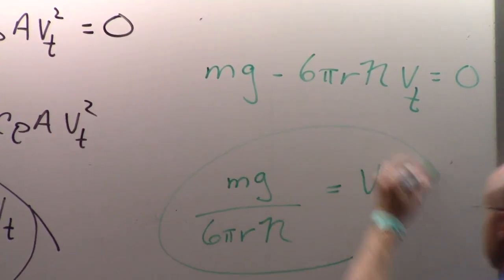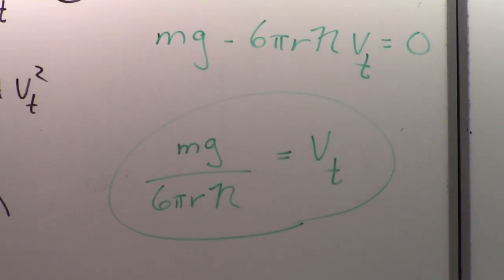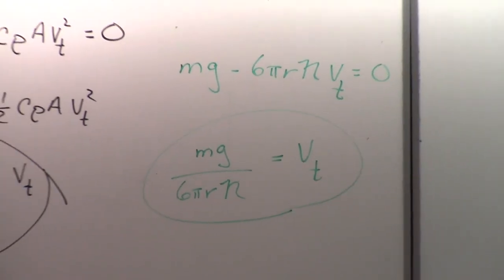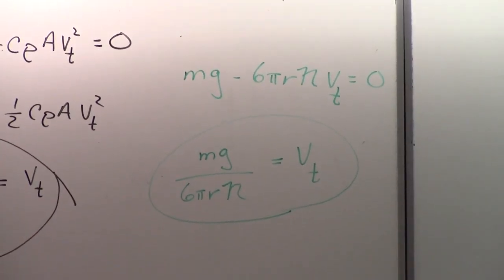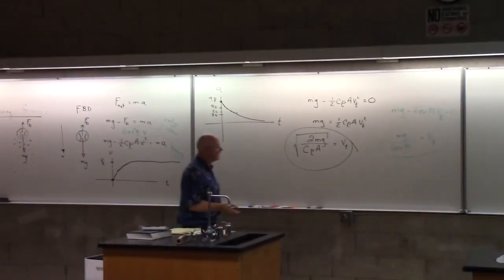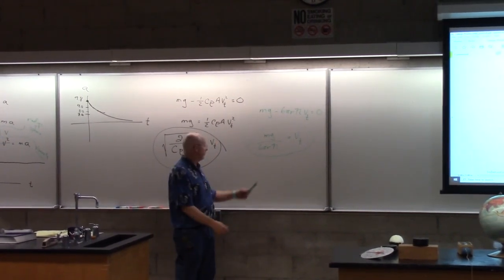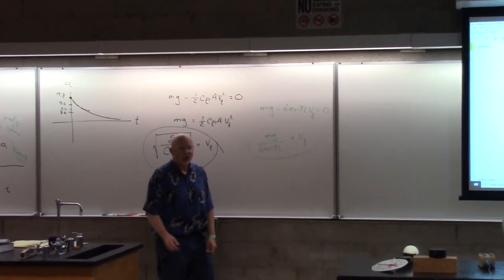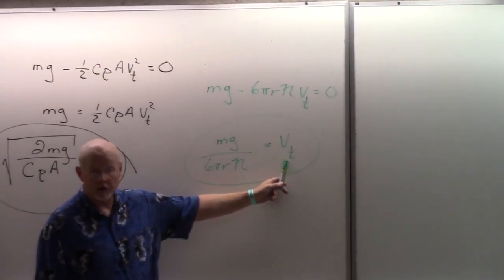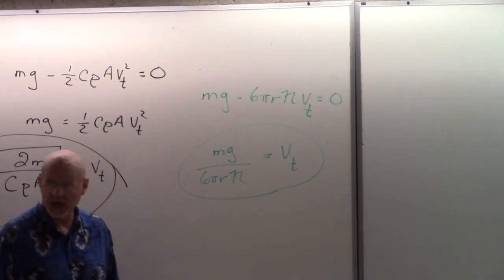And so this is how I would get the terminal speed for a scenario such as a BB going through a liquid. In fact, from an engineering perspective, this is how you weigh the viscosity of the oils. If you were an engineer for Pennzoil, you would make the oil, drop these little BBs in there, and measure their terminal speed. And then from that you calculate the viscosity.